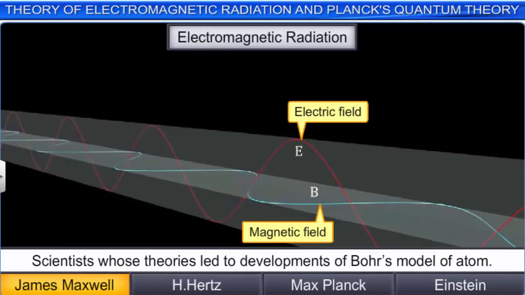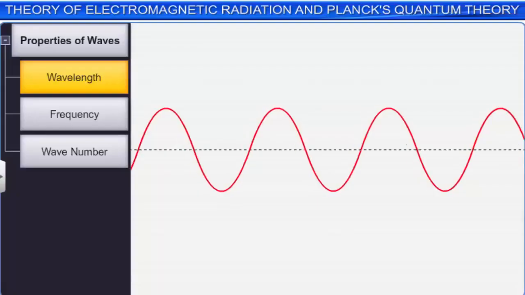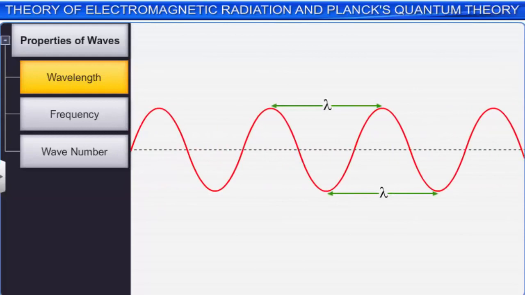To characterize a wave, we need to specify its properties such as wavelength, frequency, and wave number. A wavelength is the distance between two successive crests or troughs of a wave. Wavelength is denoted by the Greek letter lambda.